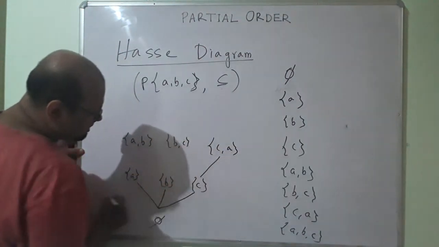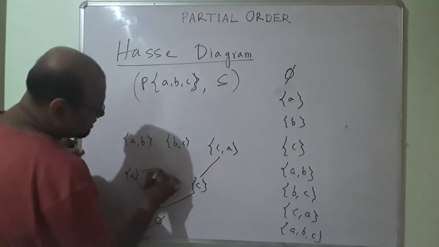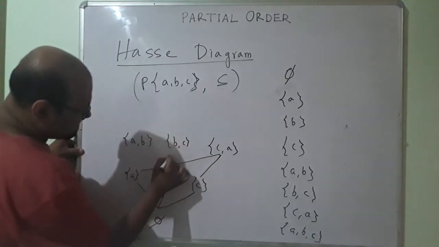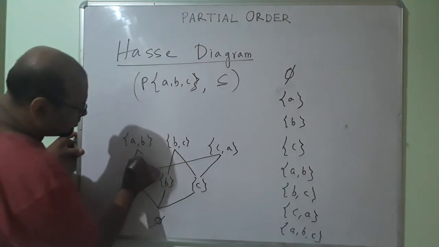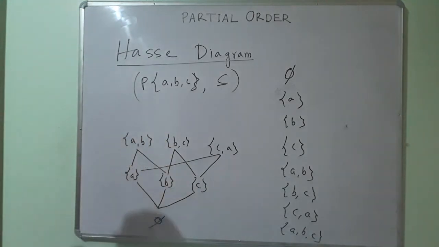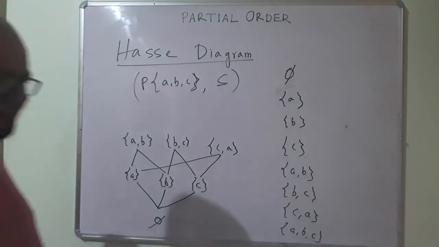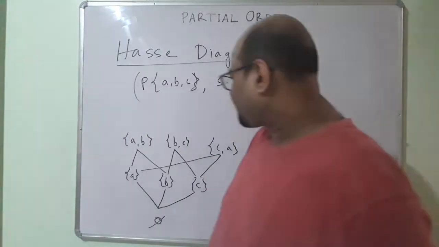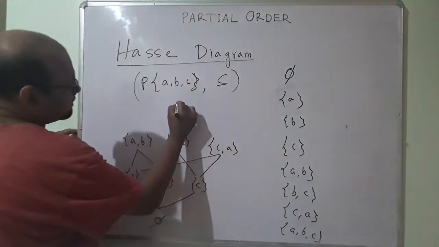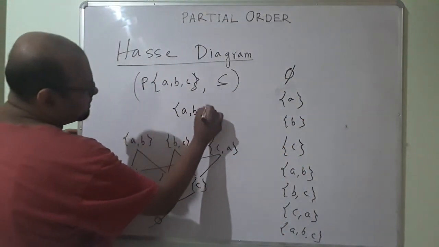So this will be here, this will be here, and this will be here. Then all of this will be a subset of ABC.